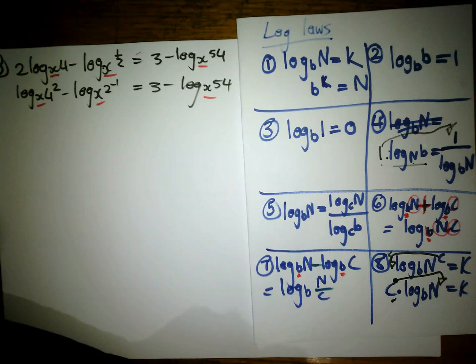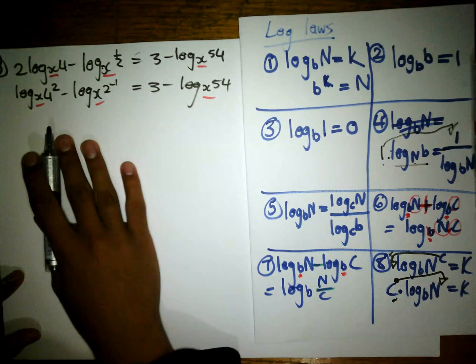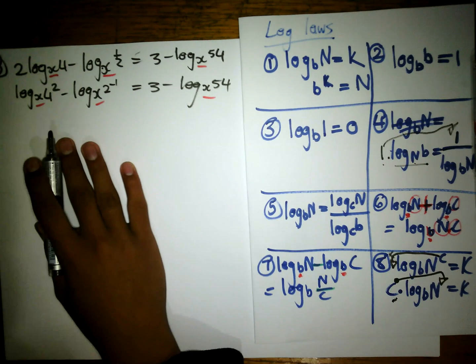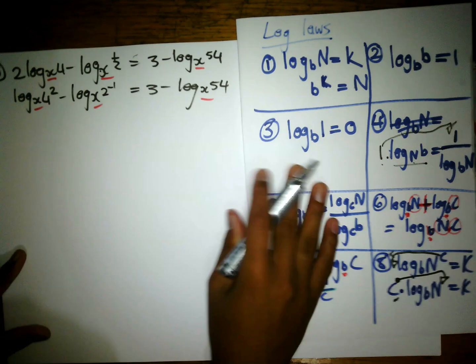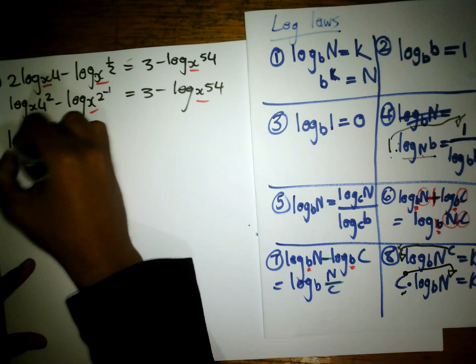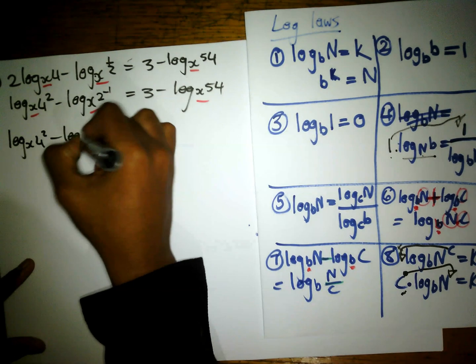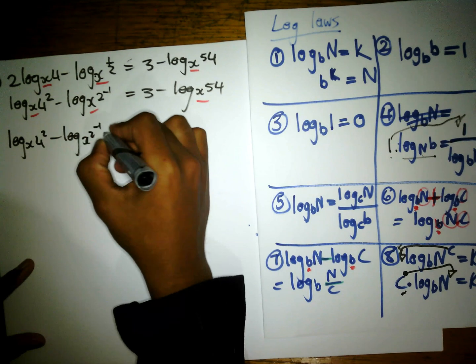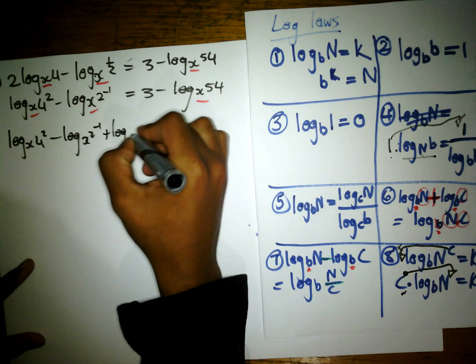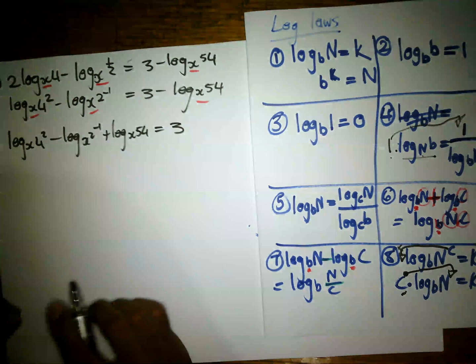But to make it easier, let's bring everything to one side. So we're going to have log x 4 squared minus log x to the power minus 1 plus log x 54 equal to 3.